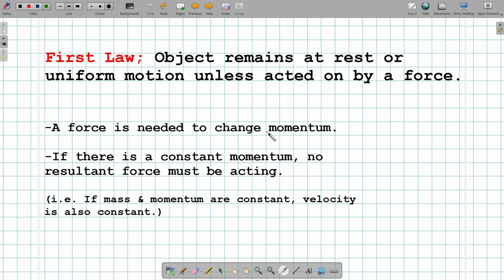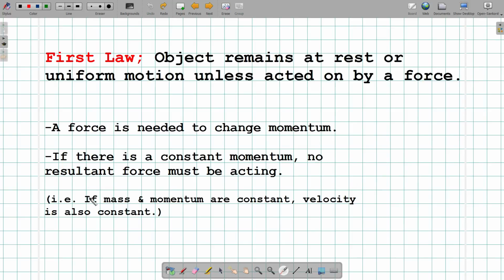And if we want to change the motion of an object, it has to be acted on by a resultant force. And so to change velocity, we have to act on that object with a resultant force. Another thing we can say from this law is if there is a constant momentum, so if you know that an object's momentum is not changing, then it's safe to assume that there is no resultant force acting on the object. Okay?